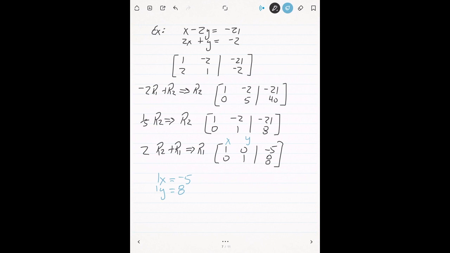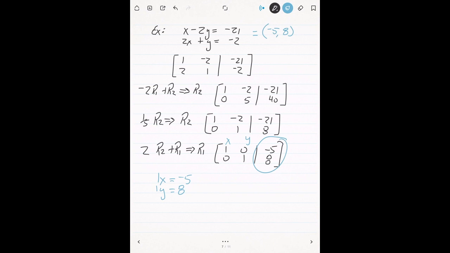So the solution to this system of equations is the point (-5, 8). Those two values, if you plug the -5 in for x and the 8 in for y, you'll have a solution to both of the equations. It's just these two values right here. And really, the more you do this process, the easier it's going to get.